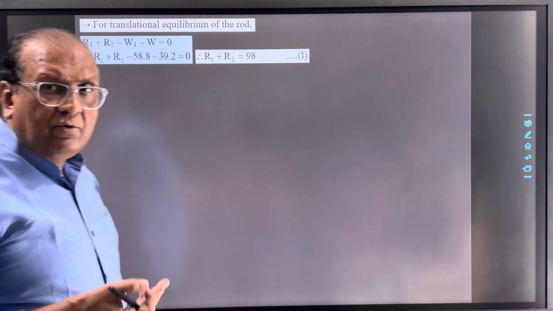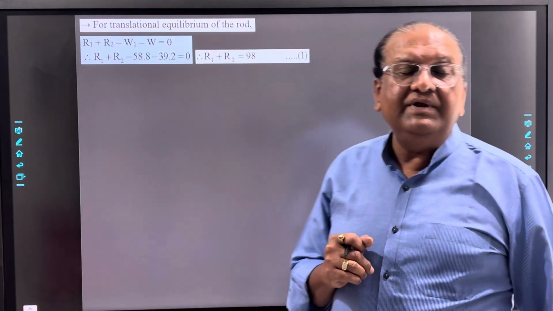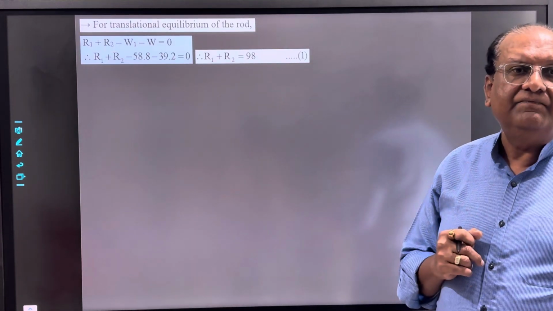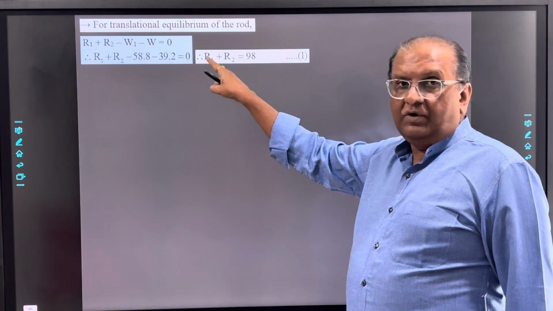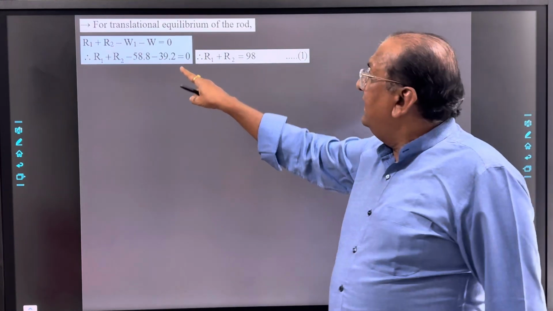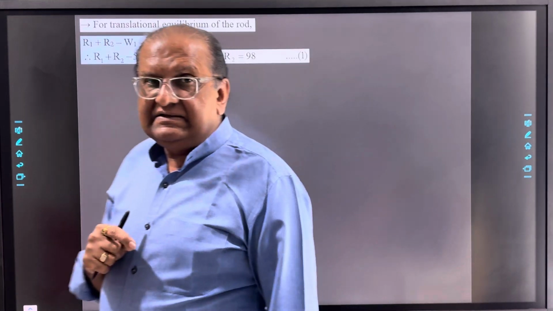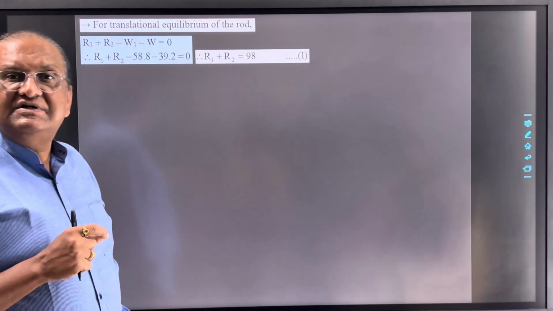Now consider the rotational equilibrium. So for rotational equilibrium, the net torque acting on the rod is 0. Now torque will not be produced by all these 4 forces. Why? Here this W is at the center of mass, that is the reference point.